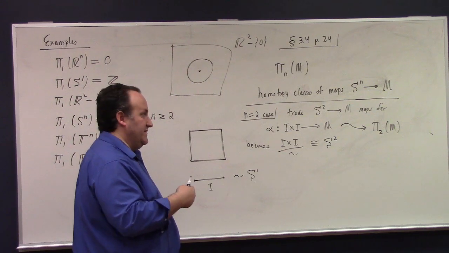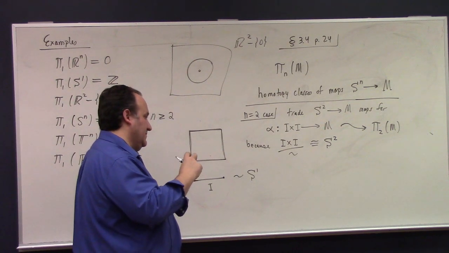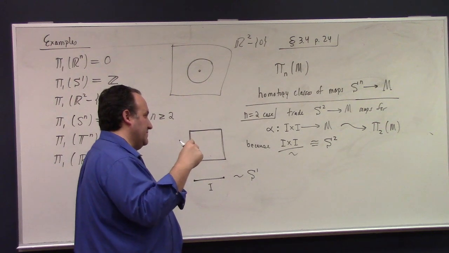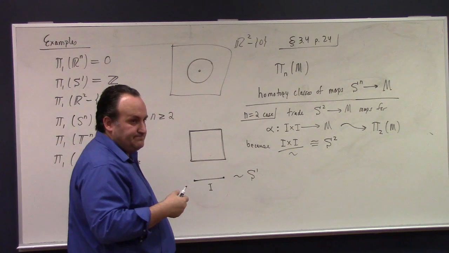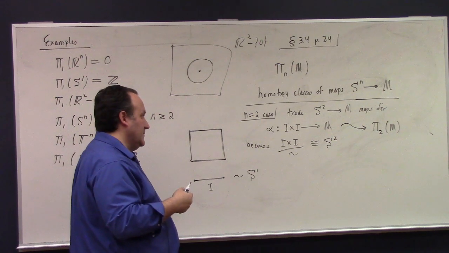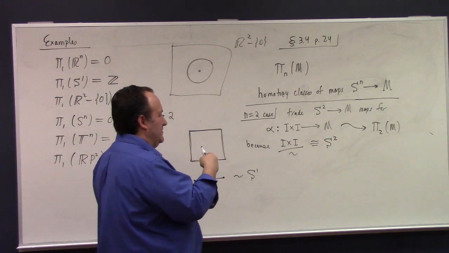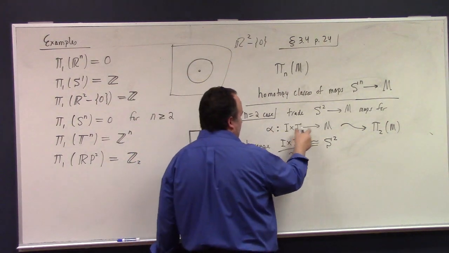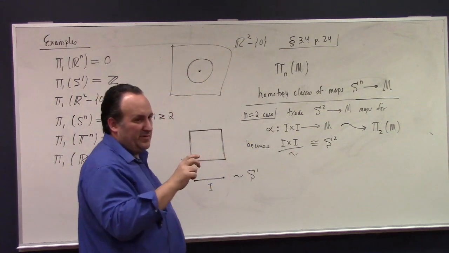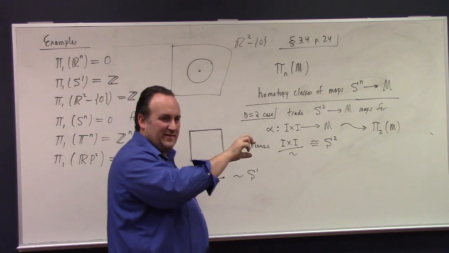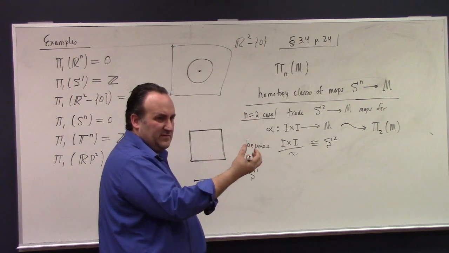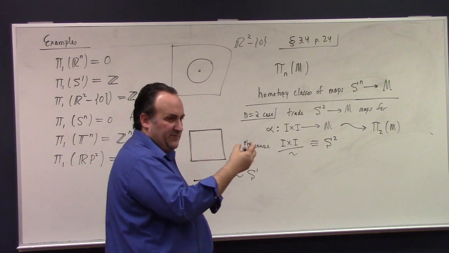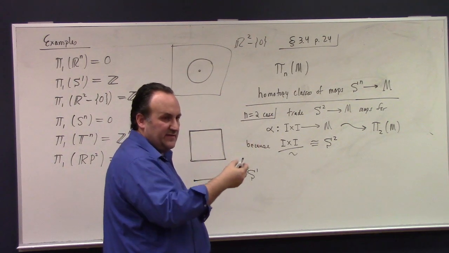Because really, pi 1 is all about basically how do circles embed in your space, and can they be deformed to a point or not? So looking at maps from I cross I into the space, it's kind of like blowing bubbles in the space and then seeing if those bubbles get stuck on things. Because if they do, you could have bubbles which are not homotopic in some sense.